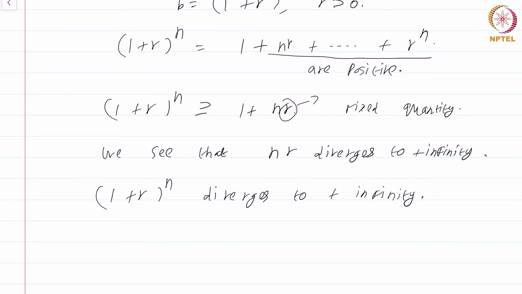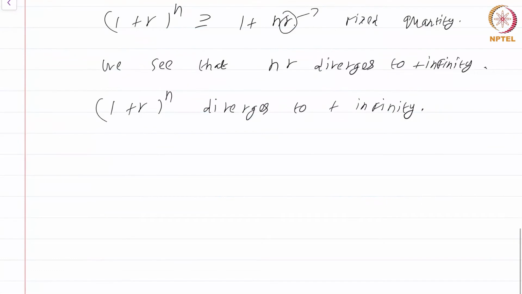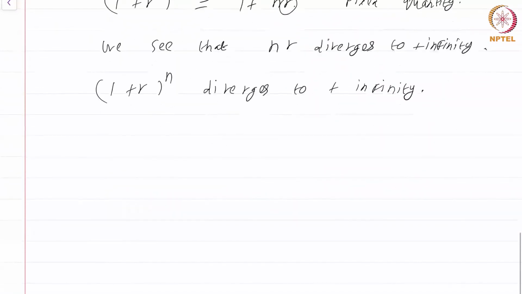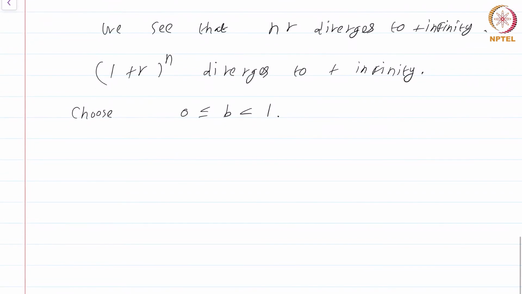Okay. Now, we have dealt with the case when this number b is greater than 1. Now choose b such that 0 is less than or equal to b is less than 1. Now, how do you deal with this case?